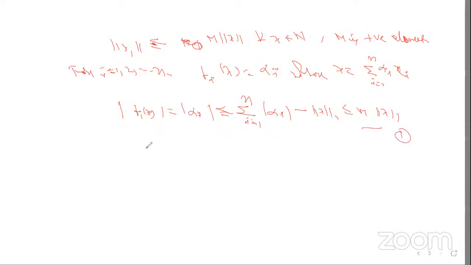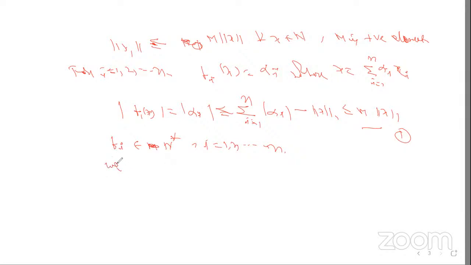So from that it follows that fi is bounded on N, hence fi belongs to N star, where i equal to 1 to n. So now we show that they are linearly independent.